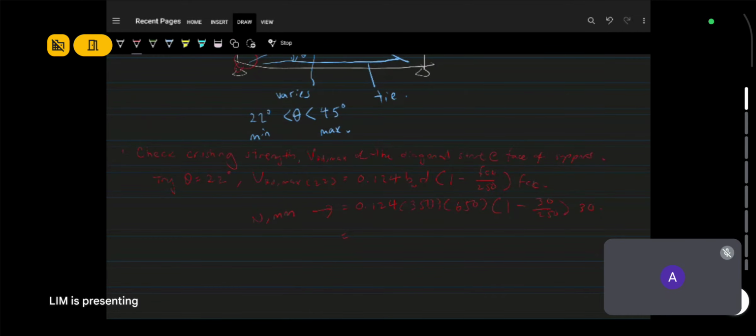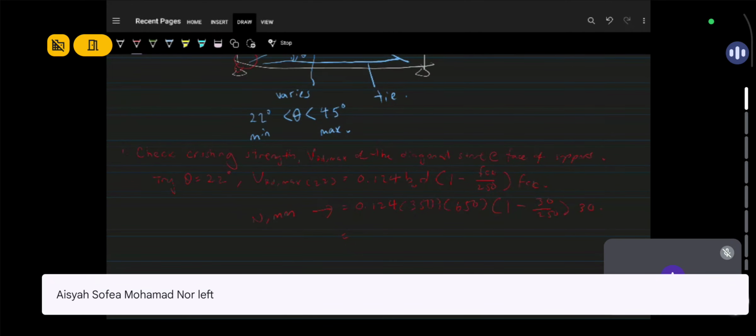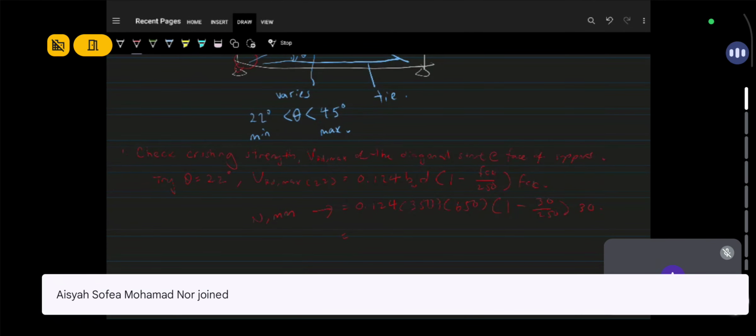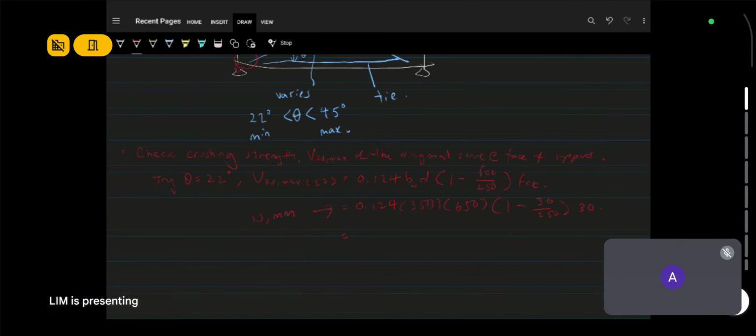So 30 divided by 250, minus 1, 0.88. 0.88 times 30 times 650, times 650 times 350 times 0.124.